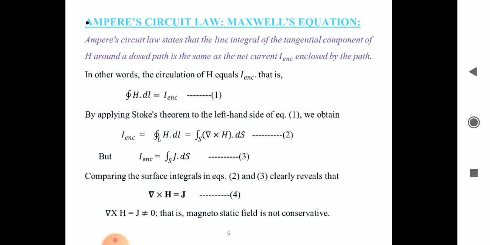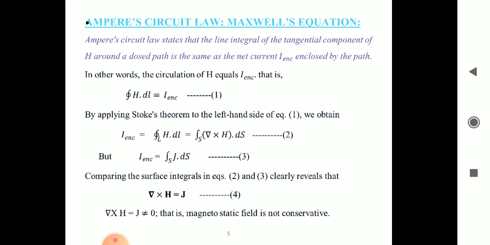By applying Stokes theorem to the left hand side of equation 1, we obtain I enclosed is equal to closed integral, a line integral here, H bar dot dl. What is the Stokes theorem? Stokes theorem converts a line integral to a surface integral.